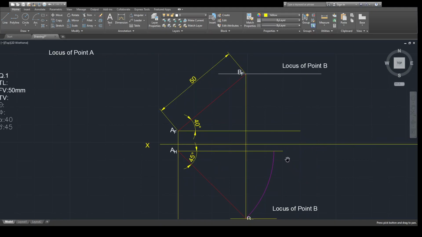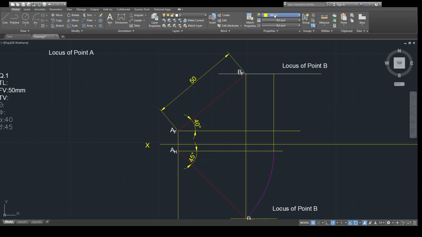Okay. Now from this point draw a vertical projector up to the locus of point B. It will cut somewhere at this point.